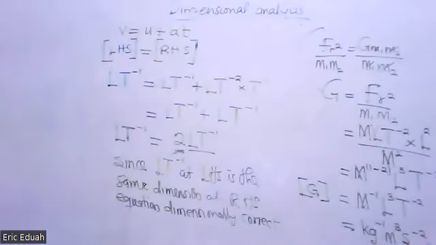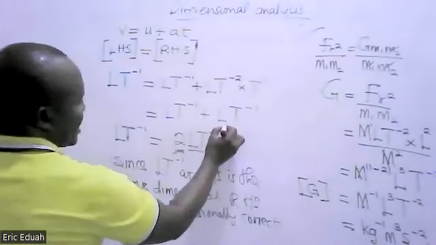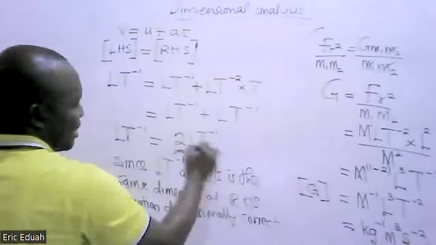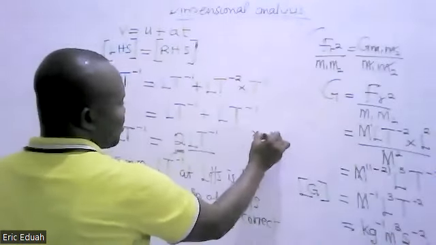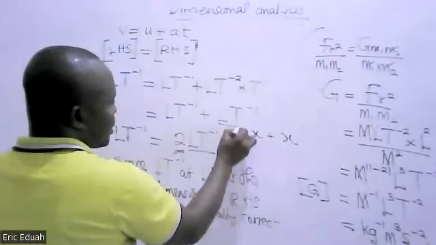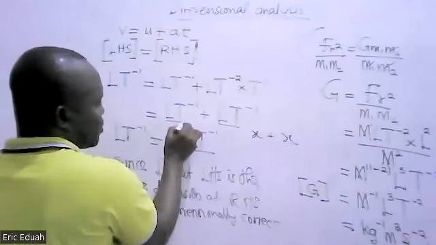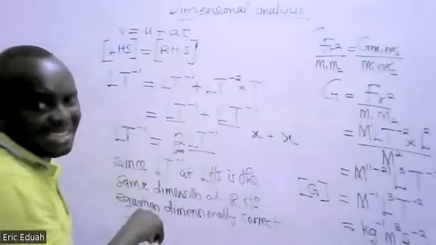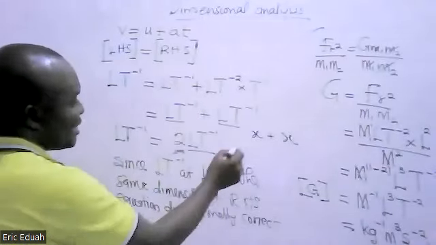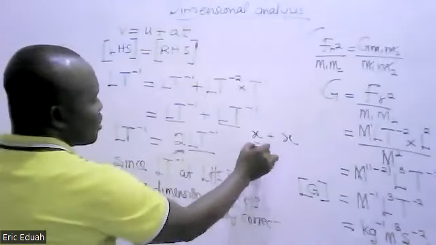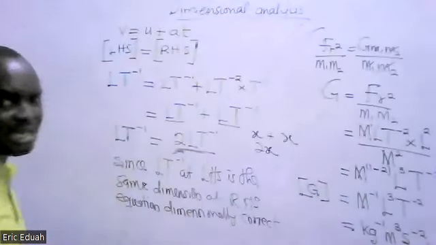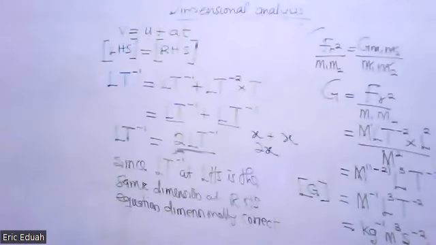I thought negative 1 plus negative 1 is equal to negative 2. Here you see, it's the same as having x plus x. LT to the power negative 1 is 1x, LT to the power negative 1 is another x, so when we add x to x, it is equal to 2x. So it's the same as what we had here. Are you okay? Thank you very much.